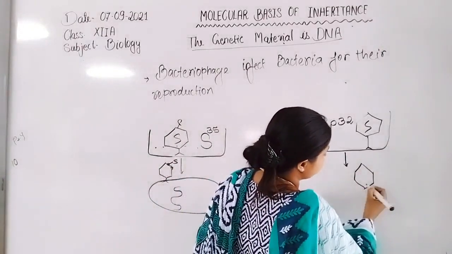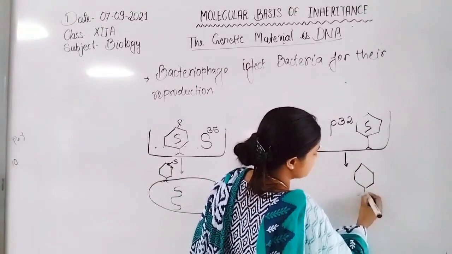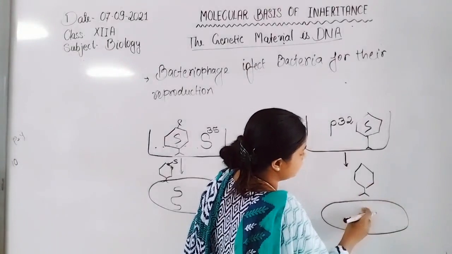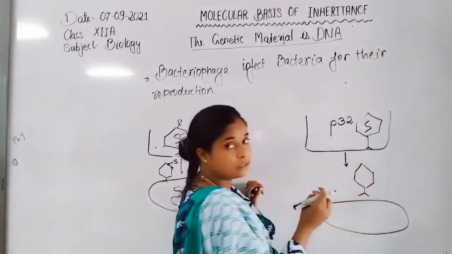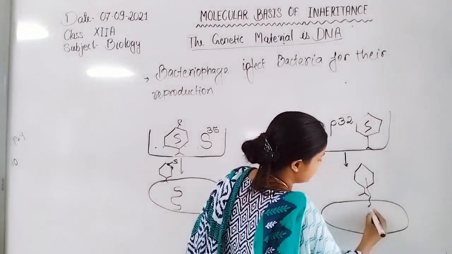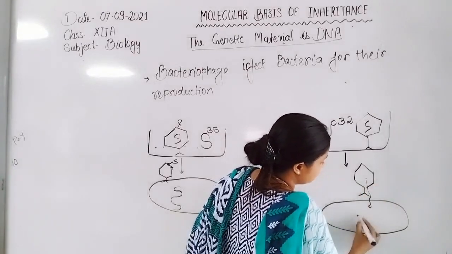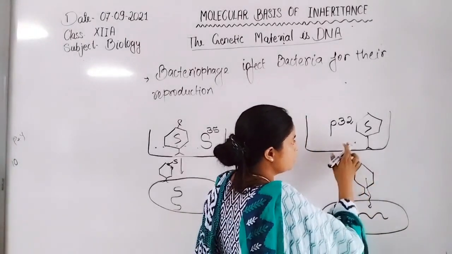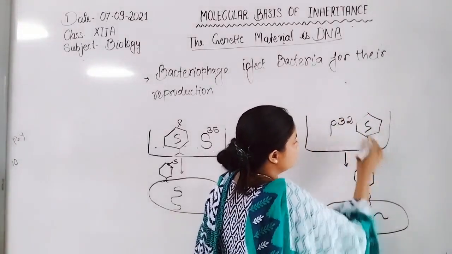In the second experiment, when the bacteriophage infects the bacterial cell, it again transfers its genetic material into the bacterial cell. They transfer only DNA, as we know. Phosphorus is present only in DNA, not in the protein.